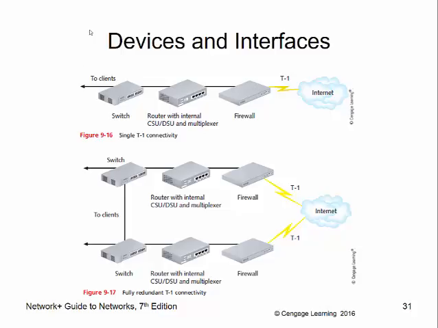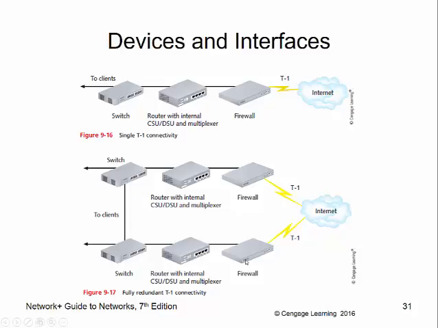It could be something like this, right? Here's my internal network environment, and I have a single T1 connection to the internet. Well, if my business processes depend on that internet connection being in place and always being up, I'm setting myself up for failure. Eventually that will go down for one reason or another.